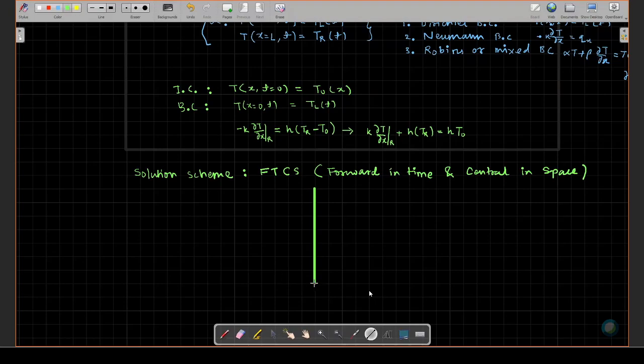Okay. We have a space axis here, and say we have some points here. I mean, in this x direction, we have these grid points.